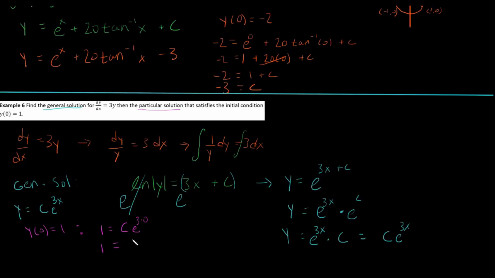So we get 1 is equal to c. So our particular solution is y equals 1e to the 3x. Not bad. We'll give it a smiley face.